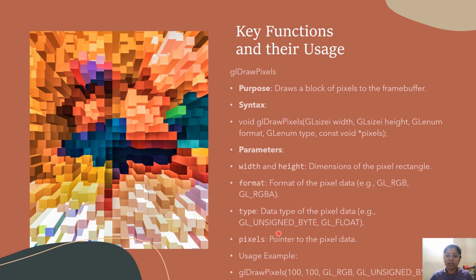Pixels indicates the pointer to the pixel data. So here is an example of using glDrawPixels. Here the width and height are 100 and 100, the format is RGB, the data type is unsigned byte, and then the pixel data.